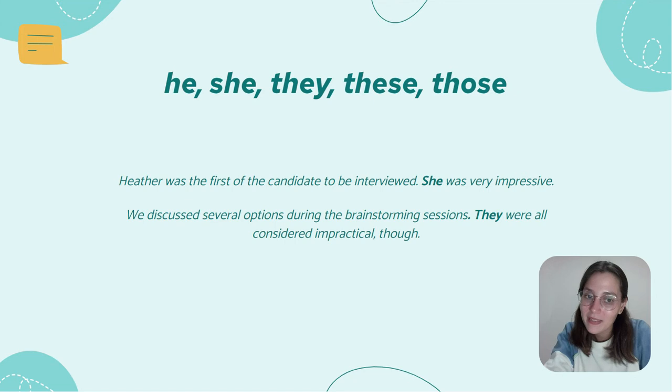Now I need to remind you as well that we're going to use they when referring to plural objects, in which we feel tempted to use it. That's why we need to remember that it is only singular. In the case of this example, we discussed several options during the brainstorming sessions. They were all considered impractical, though. That they is referring to the options.